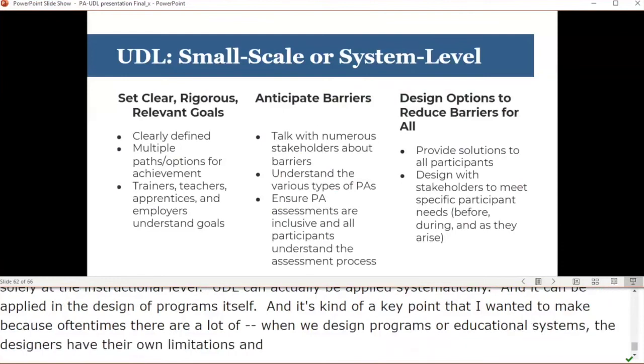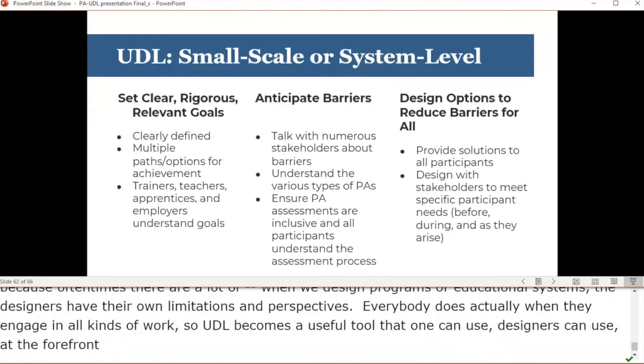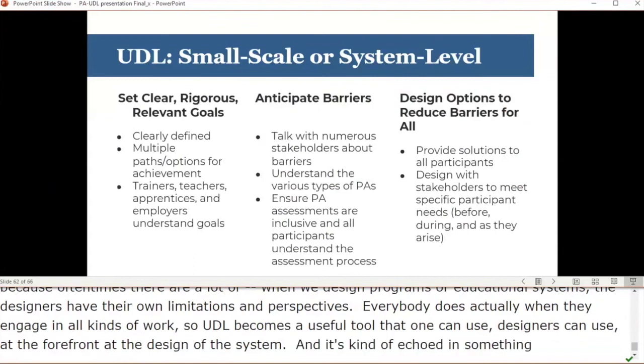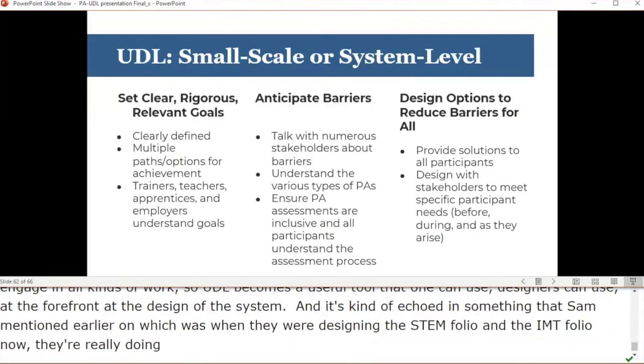Everybody does, when they engage in all kinds of work. And so UDL becomes a useful tool that designers can use at the forefront of the design of the system. This is echoed in something Sam mentioned earlier on, which is, when they were designing the STEM Folio and the IMT Folio, they're really doing a co-design process with the end users, with the apprentices or the pre-apprentices themselves.